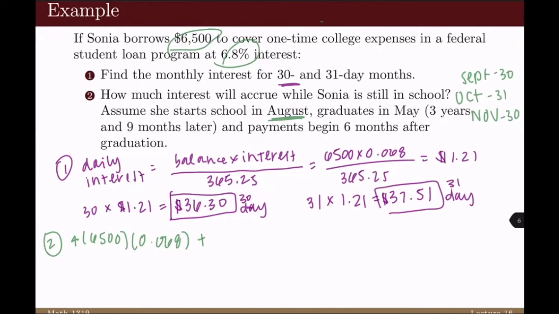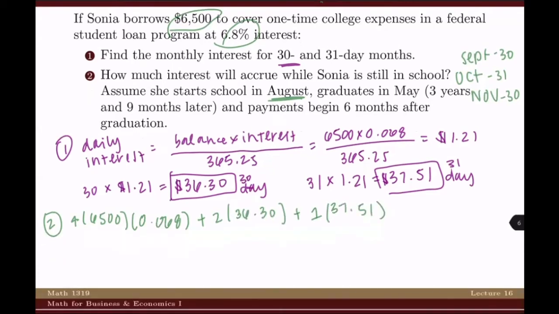So this is going to be plus 2 times that interest amount, which is $36.30, plus just that 1 month of paying the $37.51. So this is going to equal $1,878.11 is how much interest is going to accrue after 4 years and 3 months.